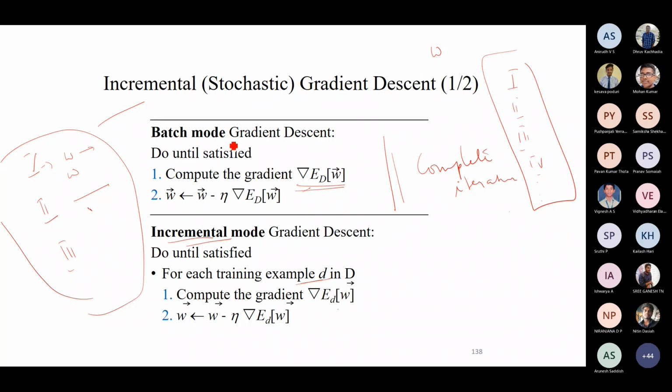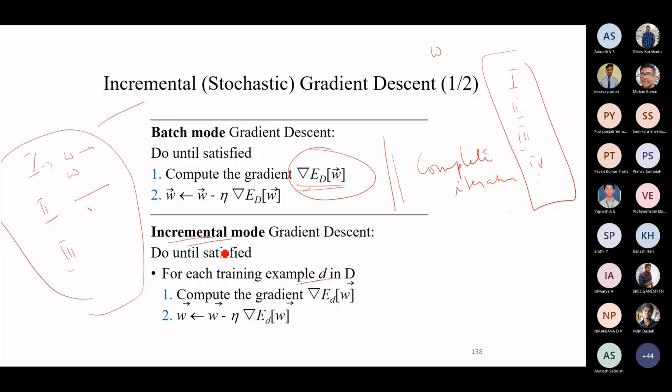In the batch mode, you run all the records together, compute the gradient for the dth record, and then apply the weight, and keep on doing it. So you do it in small batches, and then find the total change of the weight vector.